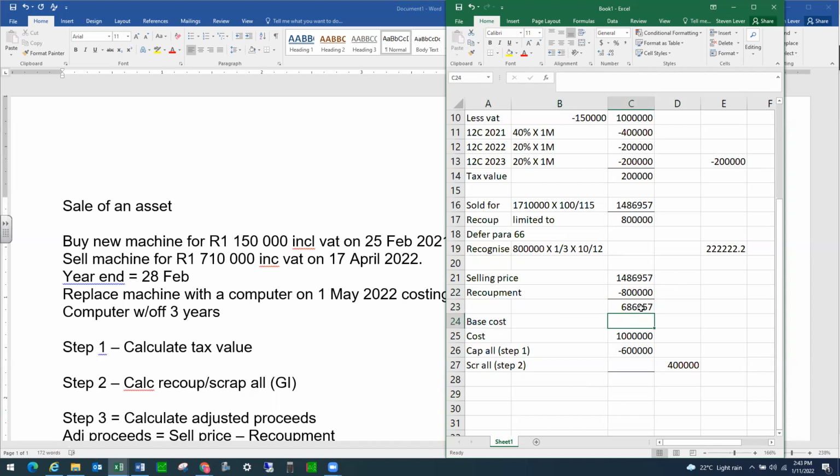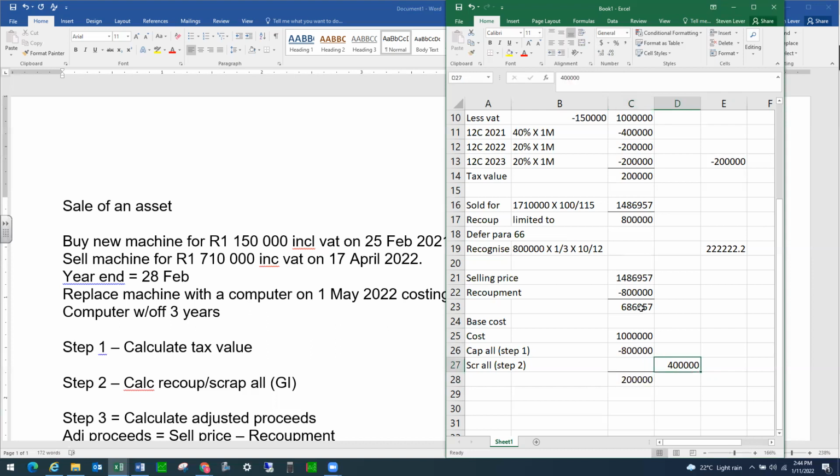Your base cost now, cost was $1 million. How much allowances are higher up? The capital allowances were, is it all the capital allowances? Has to be, yes. So it's 800,000. And how much are we going to get? 200,000.